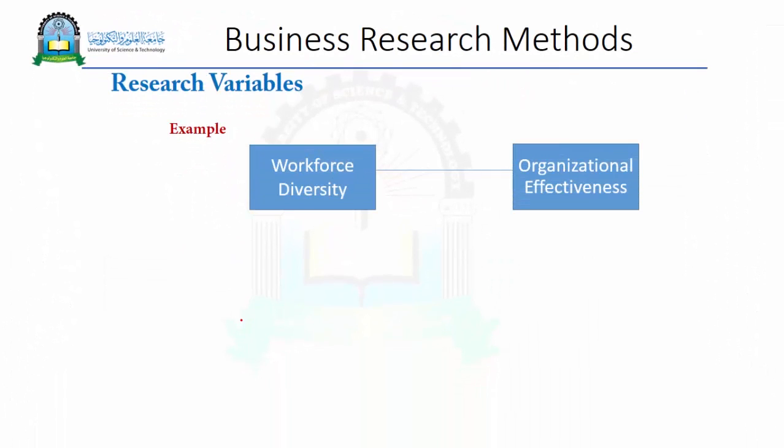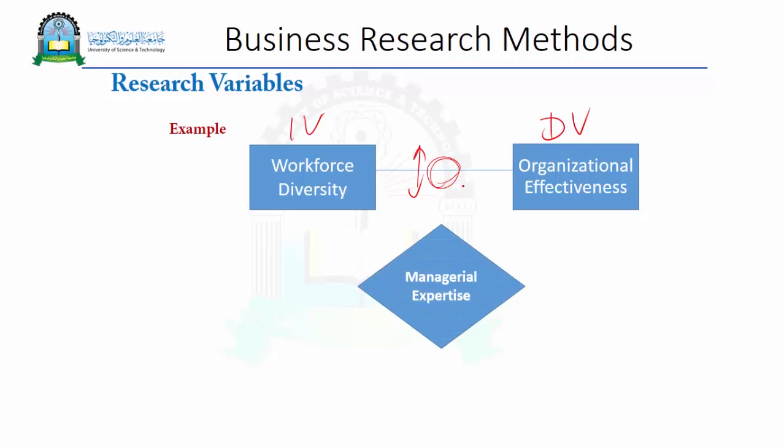If workforce diversity is going to affect organizational effectiveness, the workforce diversity is going to be the IV, and here is the DV. If there is a variable that can affect the relationship, that means make it high or low, or change the direction of it, it is going to be what we call a moderating variable, and this can be represented by managerial expertise.